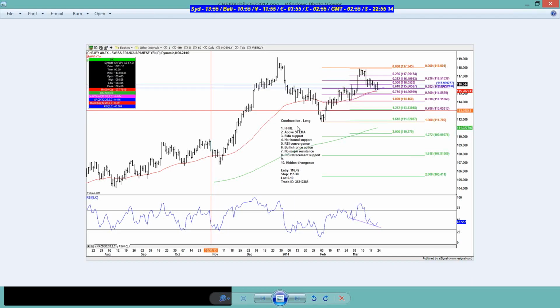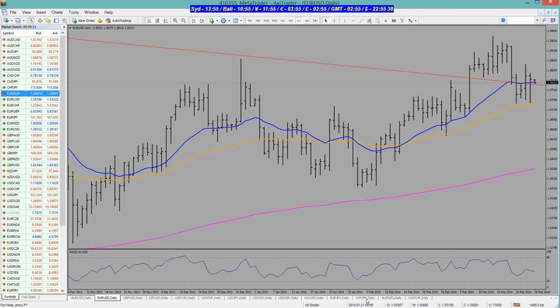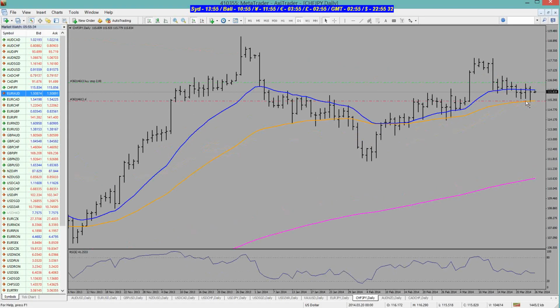Swiss. Slight divergence, not oversold, that's correct. And yeah, you can leave the order in. Potentially I should move that stop out a bit.